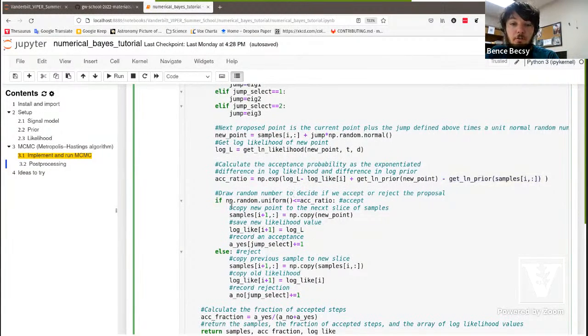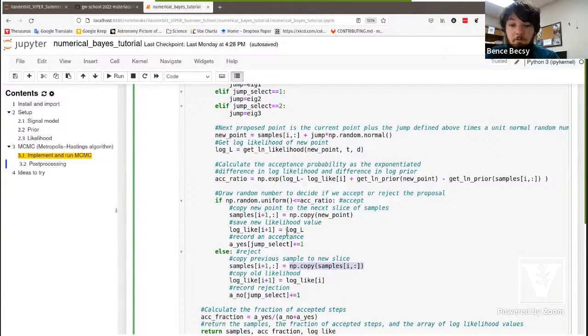So then to decide if we actually want to do this jump or stay where we are, we draw a random number with random uniform, which will give you a random number between 0 and 1. If it's smaller than the acceptance ratio, then we accept the jump. If not, then we reject it. If we accept it, we copy this new point into the next i+1 slice of the sample array. If not, then we just copy over the current slice.